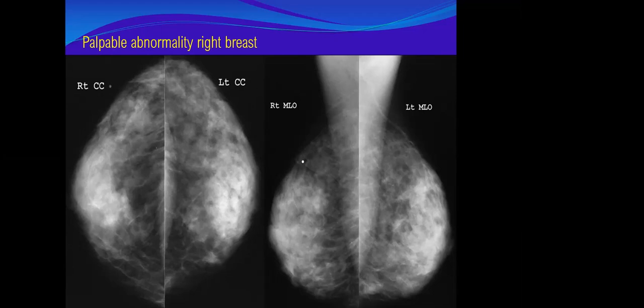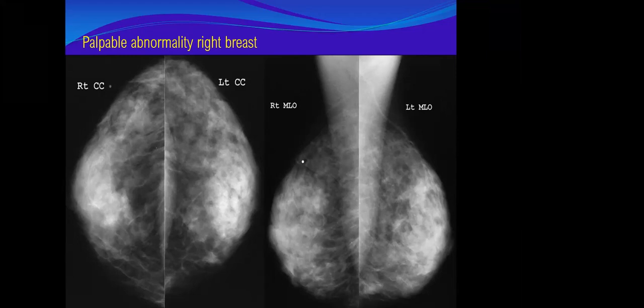It is outer. Comparing it with the left, yes. What could you see? I can see an added fibroglandular density. But on the MLO, I would like to have the ACR descriptor.